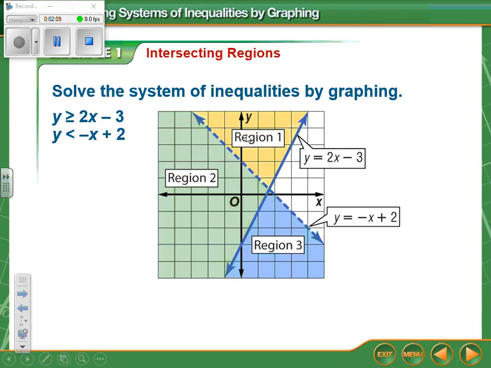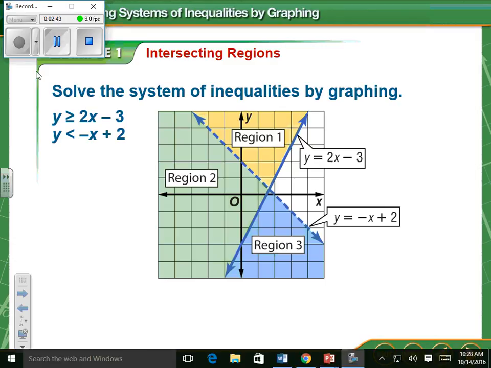And so region 1 here in yellow is only shaded by the 2x minus 3. Region 3, that's in darker blue, is only shaded by negative x plus 2, but this area in region 2 is shaded by both. Not only is it below the negative x plus 2, but it's also above the 2x minus 3. So this area, region 2, is our solution to the system of inequalities.